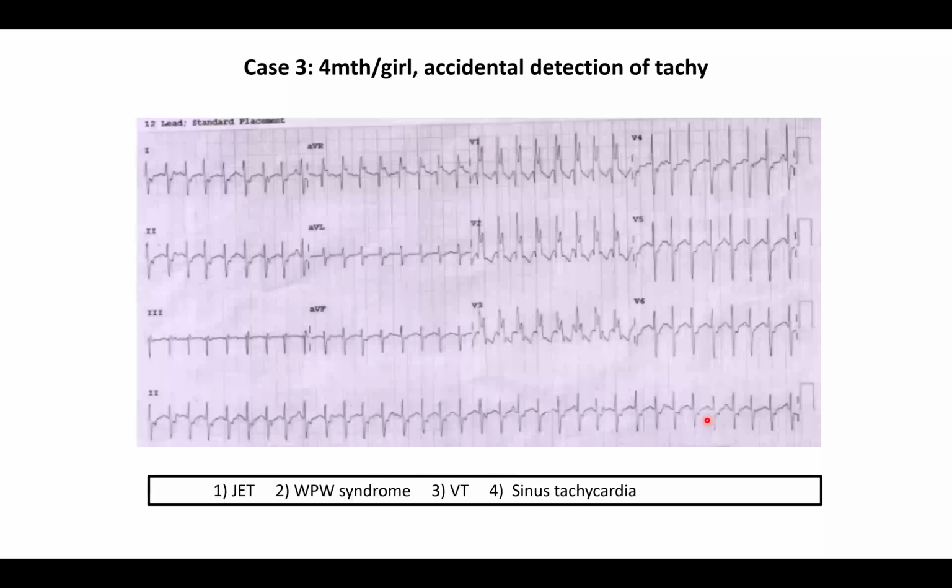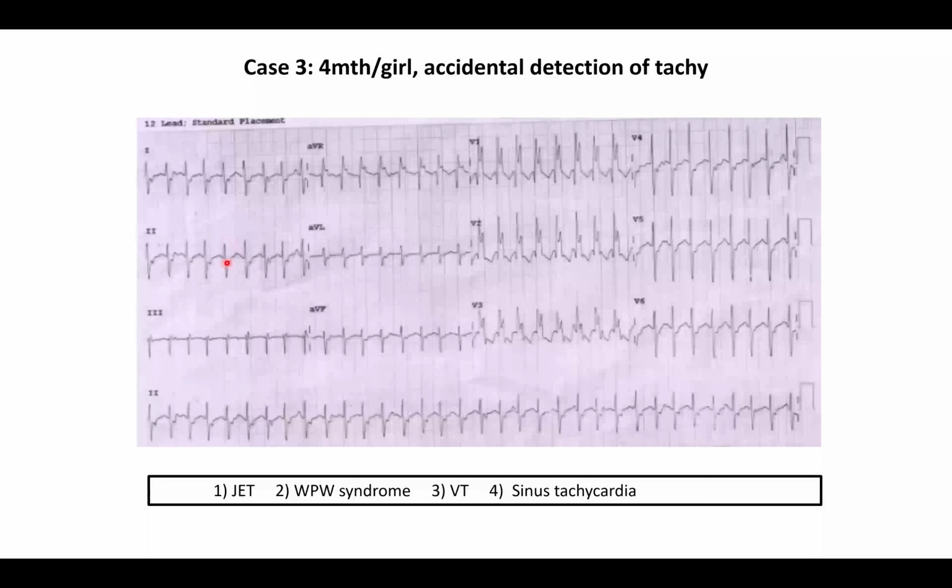Now in a child who's 4 months old, we all know that RBBB can happen, right? That is one. Second, in a normal child till 1 year of age, they may have a rightward axis. Here, what is glaring?